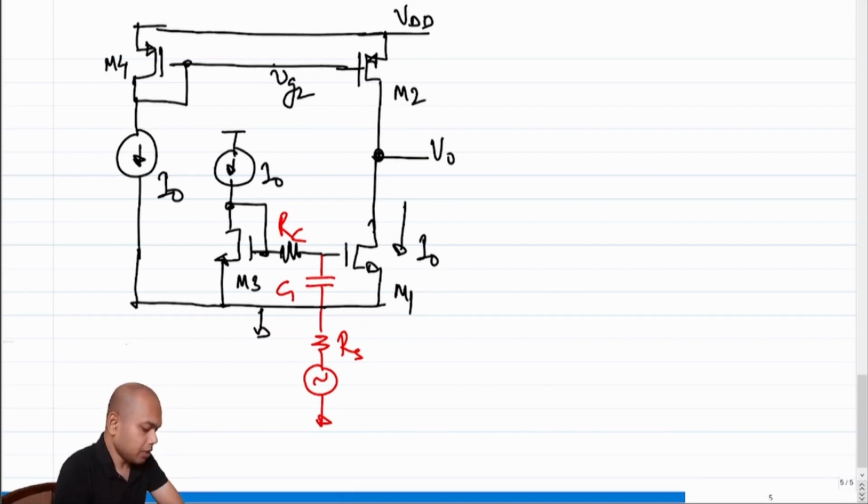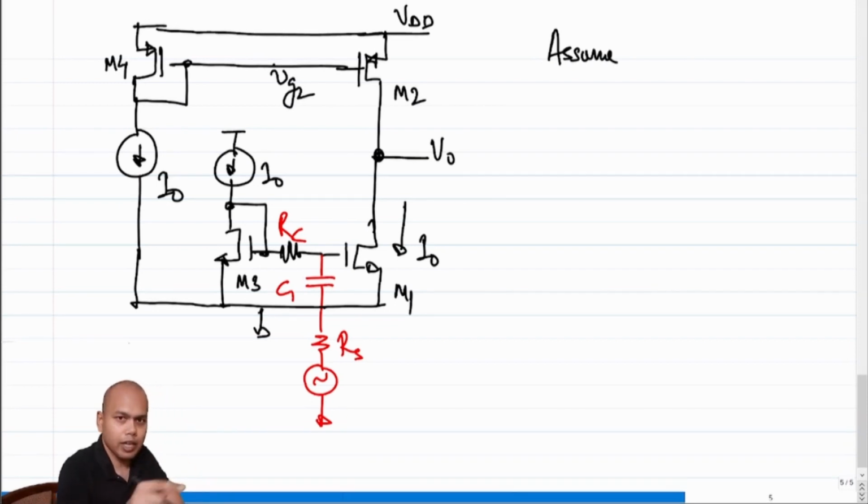For this, we have to assume something, and let's assume that V0 has some quiescent voltage to start off. I haven't told you what the quiescent voltage of V0 is. This will generally be given, or the circuit will have some additional contraption through which you will be able to estimate what the V0 voltage will be.